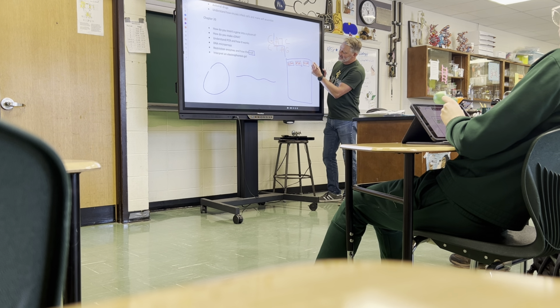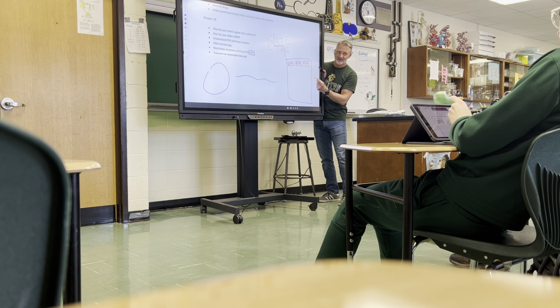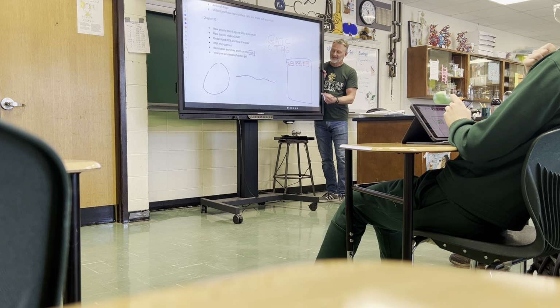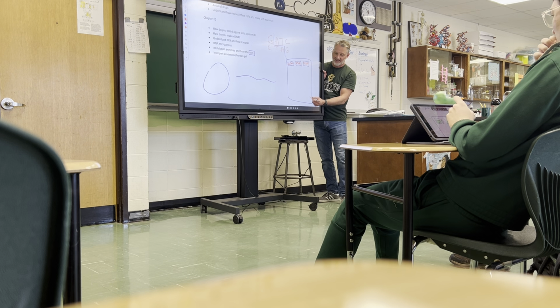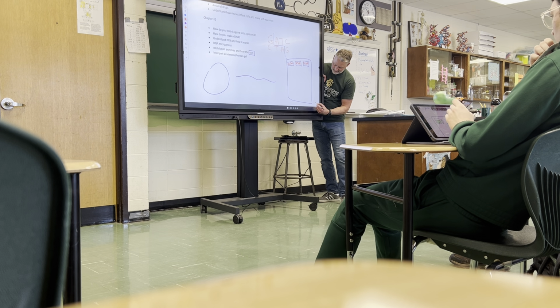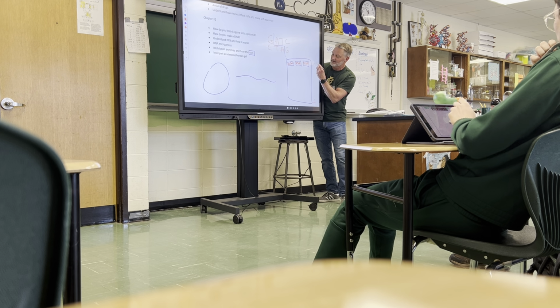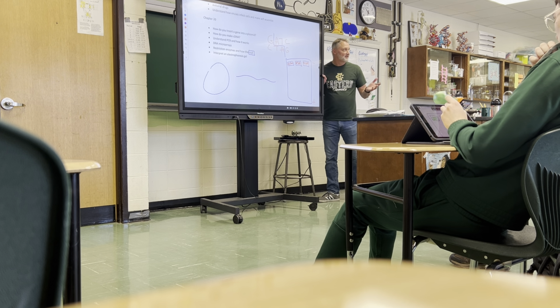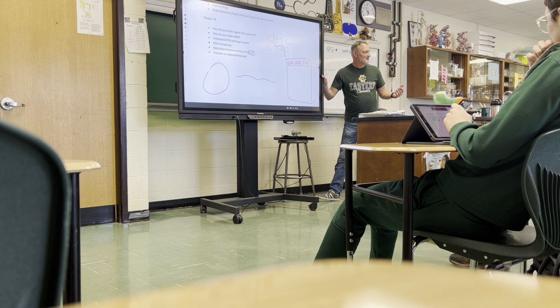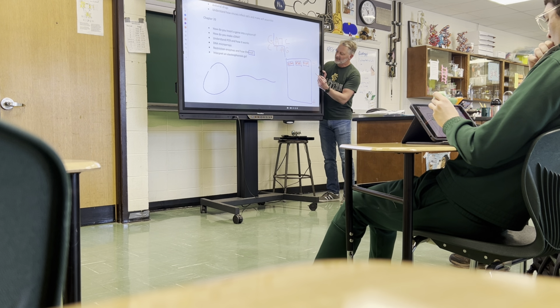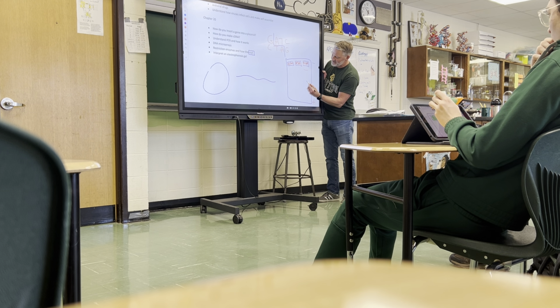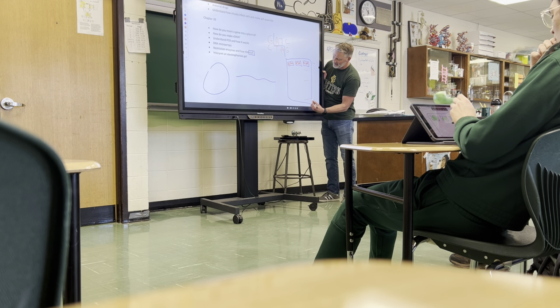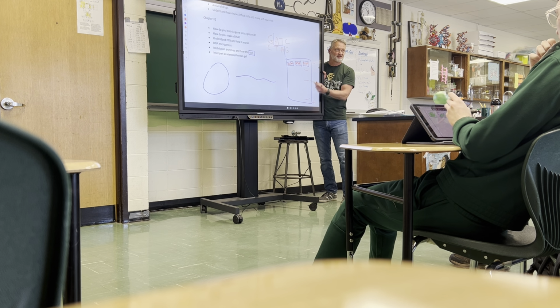And then you turn the electricity on, and the DNA is going to migrate to the positive end. This is the negative end, right? Because DNA migrates to positive because DNA has a negative charge. And then the bands are going to separate. So let's say this one produces these three bands. Which band is the small band?